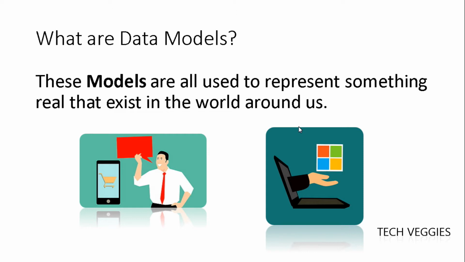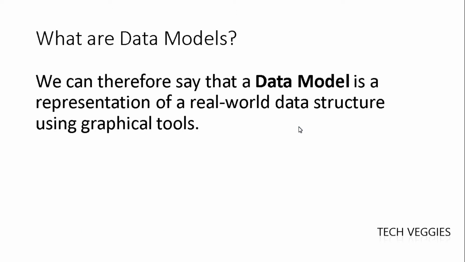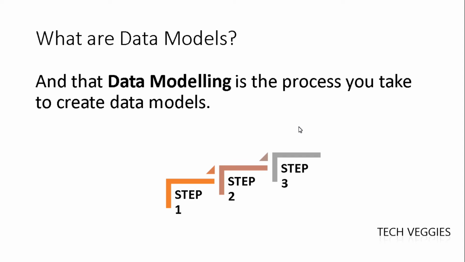These models are all used to represent something real that exists in the world around us. We can therefore say that a data model is a representation of a real-world data structure using graphical tools, and that data modeling is the process you take to create data models.